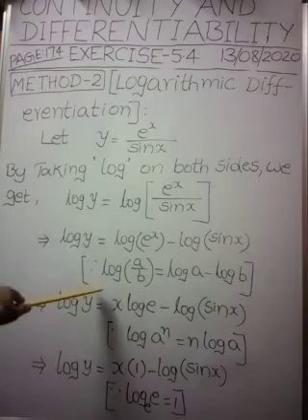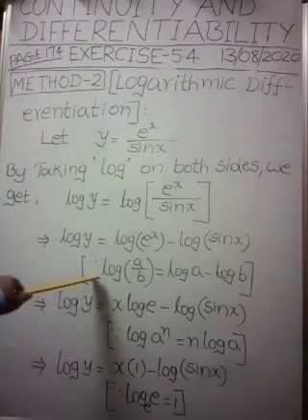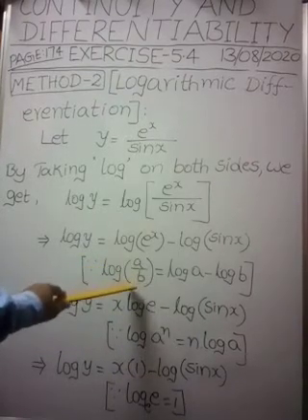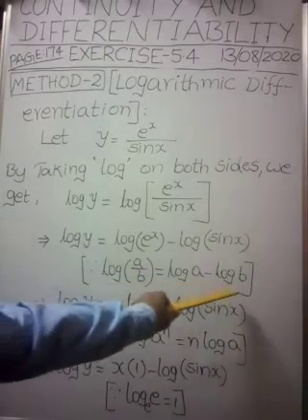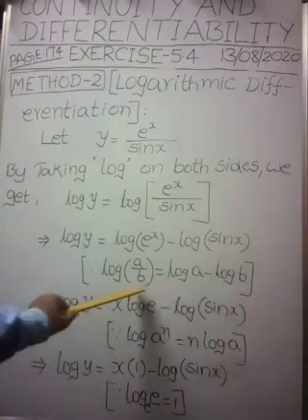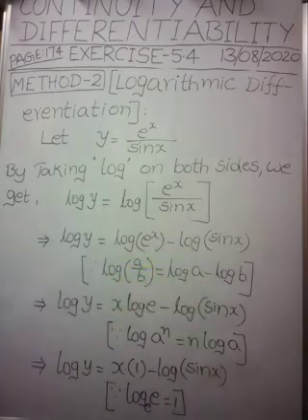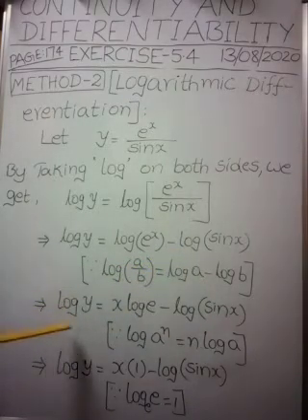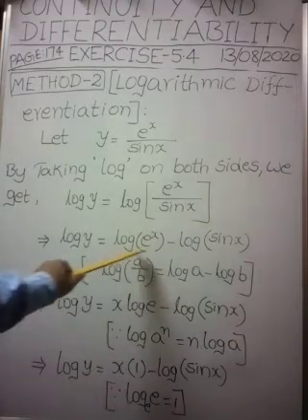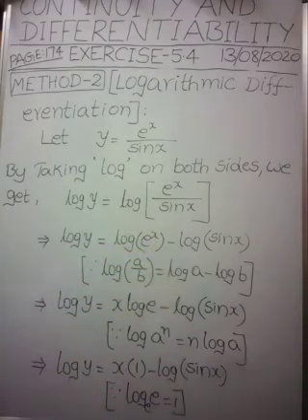Right. I wrote that logarithm property here. See, the log of a by b is equal to log a minus log b. We used this logarithm property. Understood the part, my dear children? Right. This implies log y is equal to, again it is in the form of log a power n.